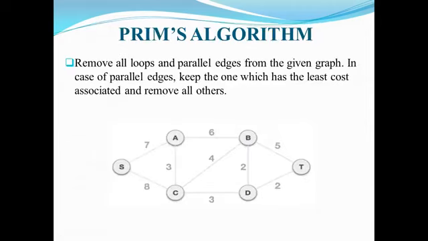Now how many edges are there in this graph? 1, 2, 3, 4, 5, 6, 7, 8, 9. 9 edges are there. How many vertices are there? 6 vertices. Then how many spanning trees are possible? I have already explained. Number of edges is 9, C, the number of edges required for constructing a spanning tree, which is 1 less than the number of vertices.